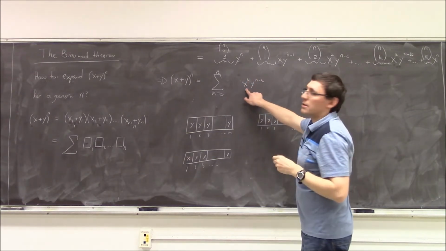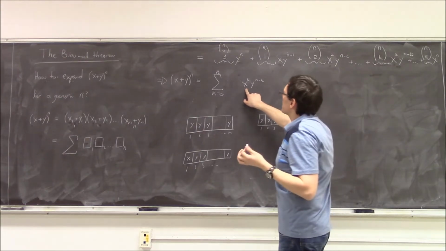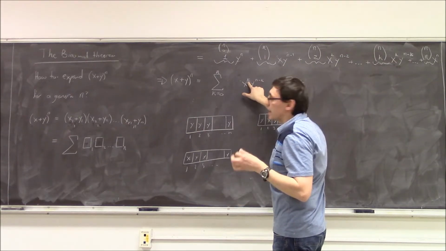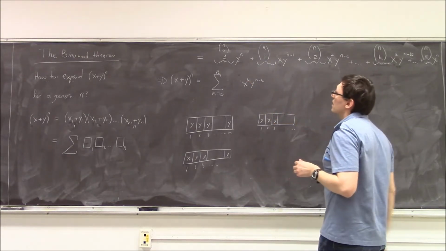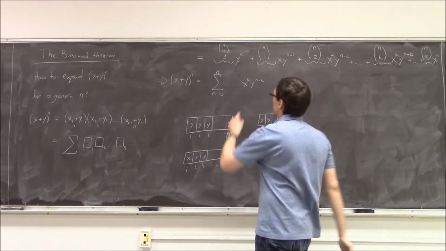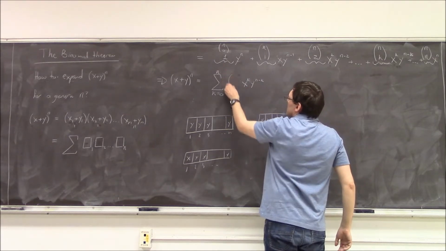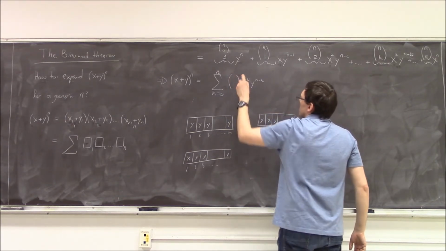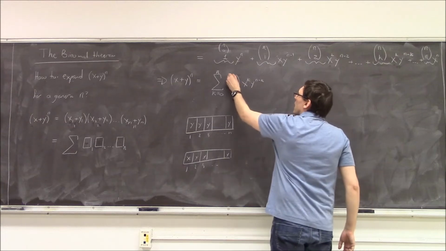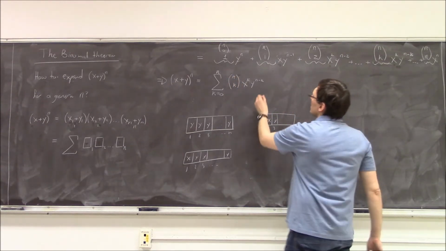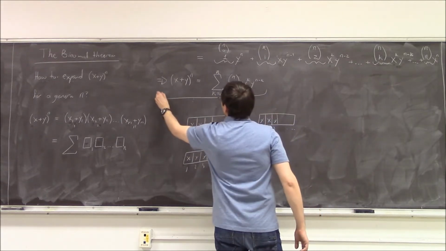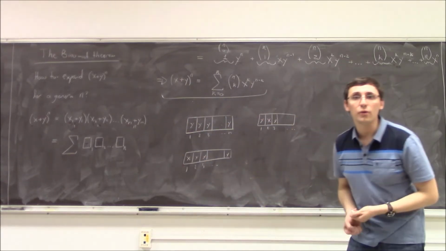So this coefficient represents the situation where k students were absent and n minus k students were present. How many possibilities are there? As many as the ways to choose the absent students. So out of n individuals, I have to choose k. And here is my binomial formula.